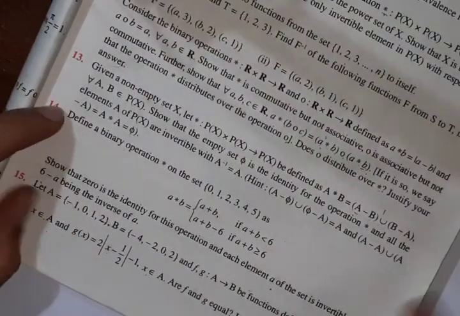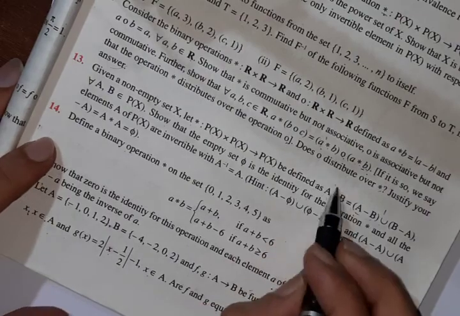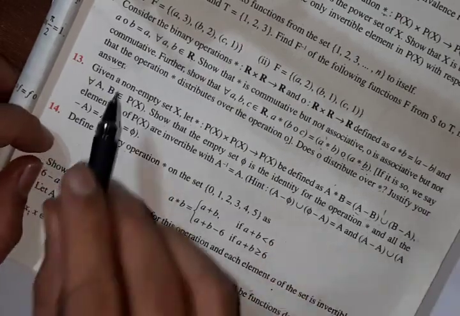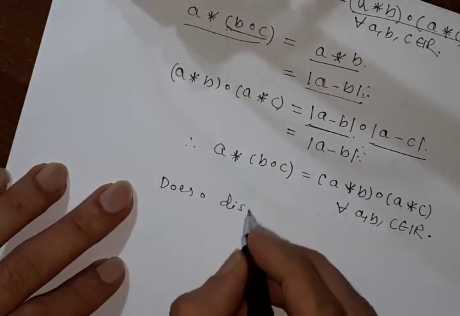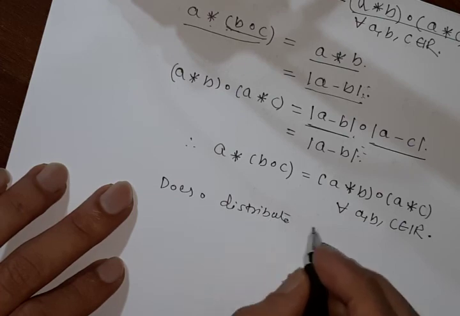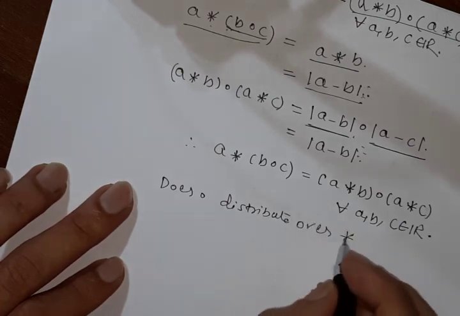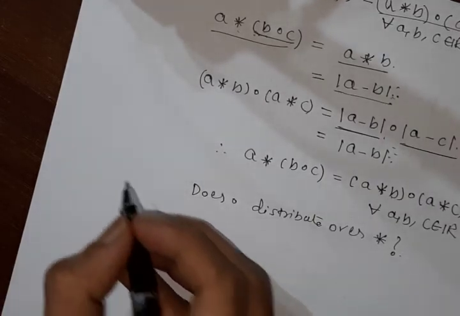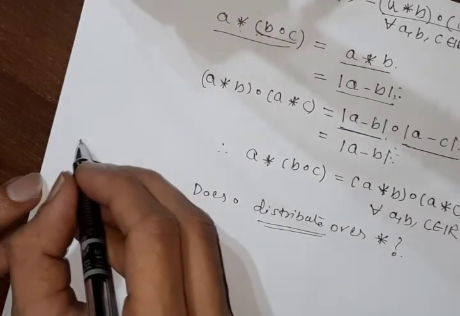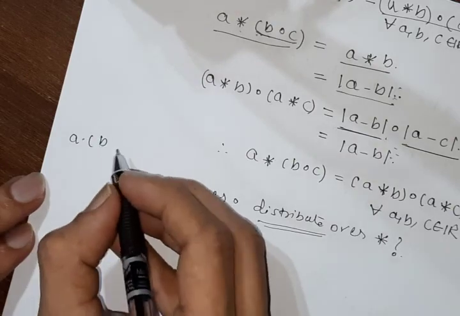Now let us go to the fourth part. The fourth part is: does O distribute over star? Justify your answer. So here you have to answer this question. Distribute means what? Suppose you have A multiplication (B plus C).